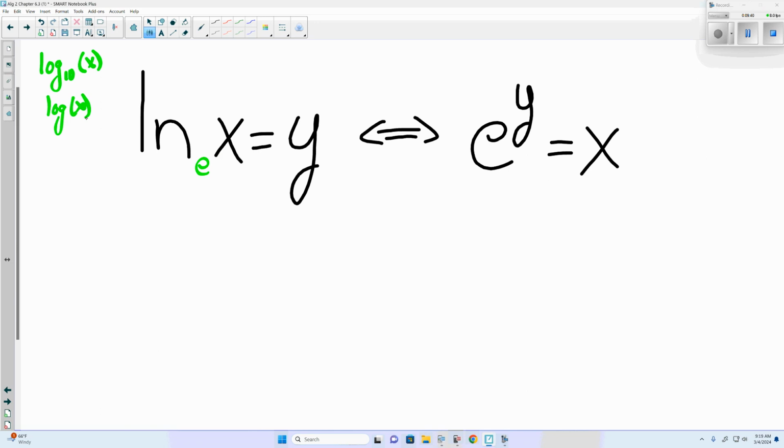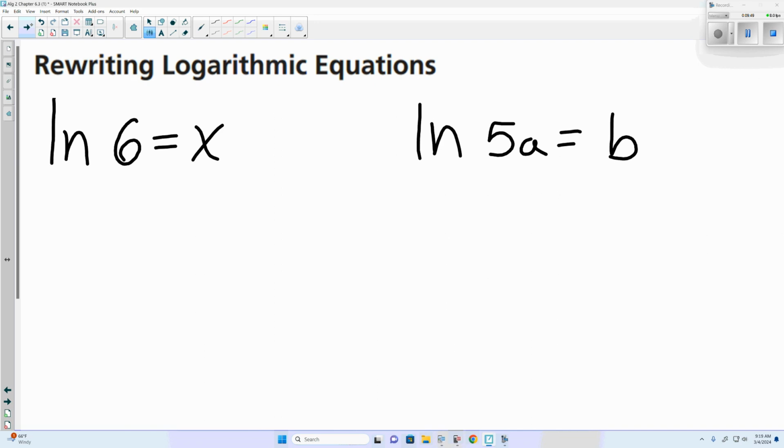We don't have to write the e, but we need to know that it is there. So I'm going to write this back up again. We said ln of x is equal to y if and only if e to the y is equal to x. Or really we can say x is equal to e to the y. I'm going to write it that way.